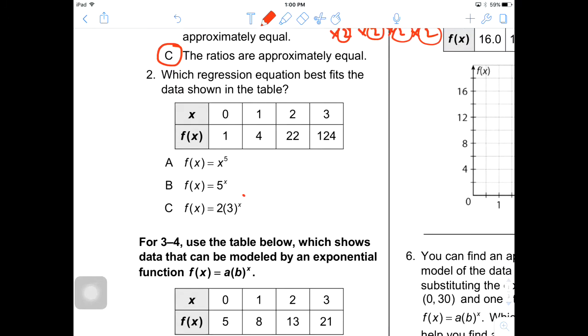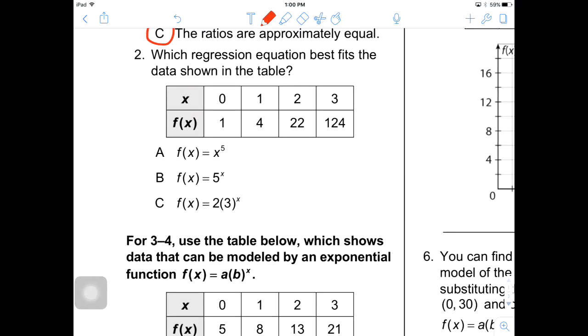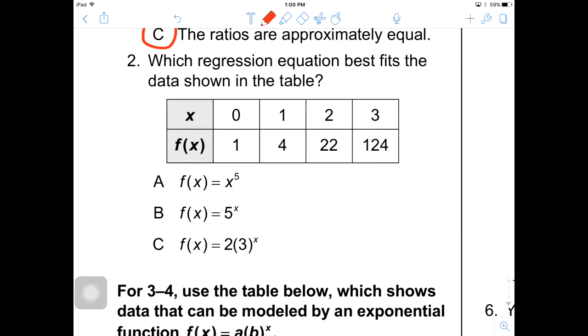Number 2, which regression equation best fits the data shown in the table? If you look at the ratios, the first one is times 4. The second one, 22 divided by 4, is about 5.5. And the third one is 124 divided by 22, which is 5.64.